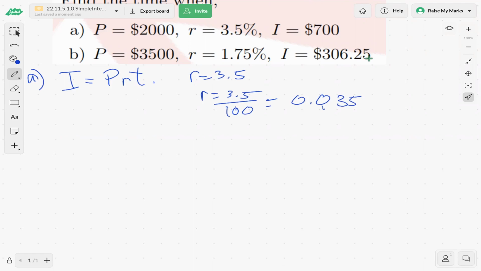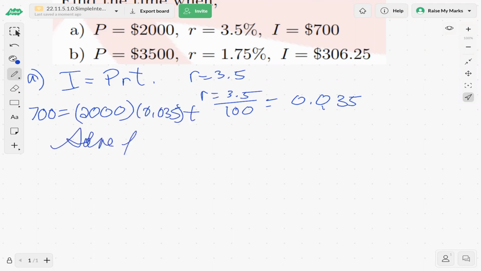So let's start plugging things in. Our interest earned is 700, our principal is 2,000, our interest rate is 0.035, and we have t. Let's solve for t.